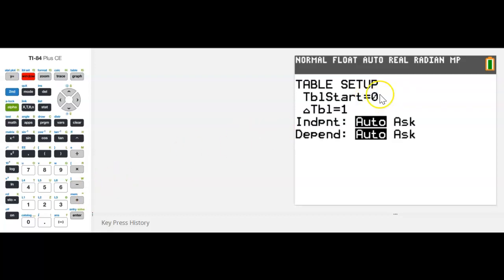For fun, I'm going to enter our start x value at -1. Hit enter. And then this is the intervals over which we're going to look at the table. So you know how like when you make a table and x is 1 and x is 2 and x is 3, that's a delta table of 1 or a change of 1. I'm going to make it smaller. So I'll make it 0.2.